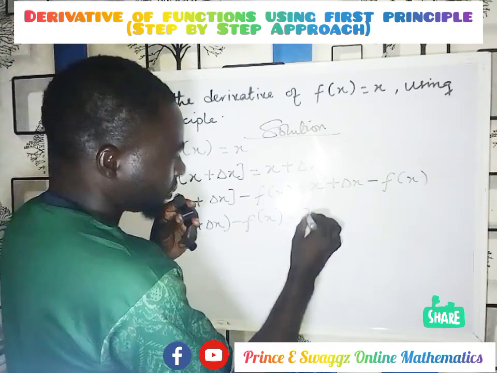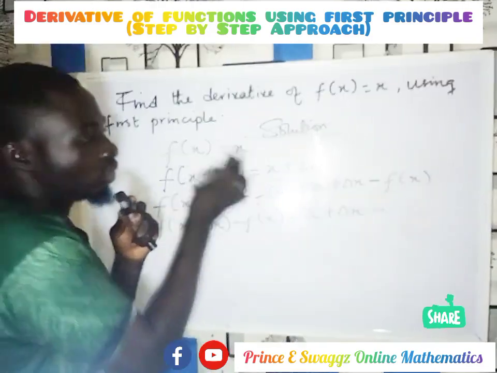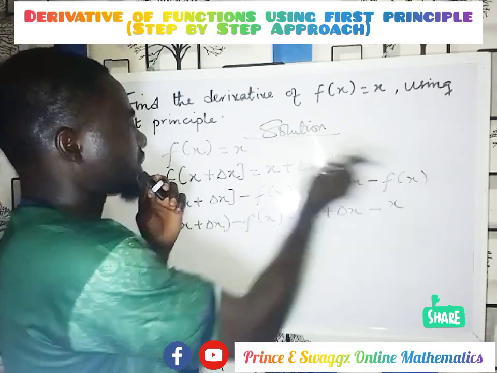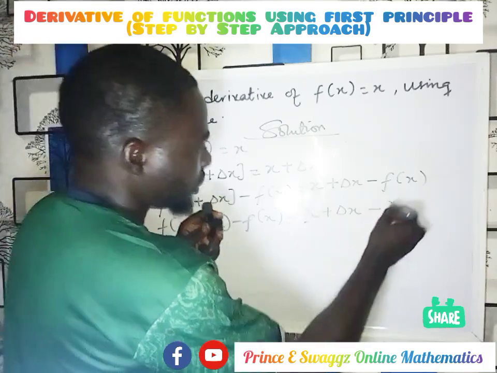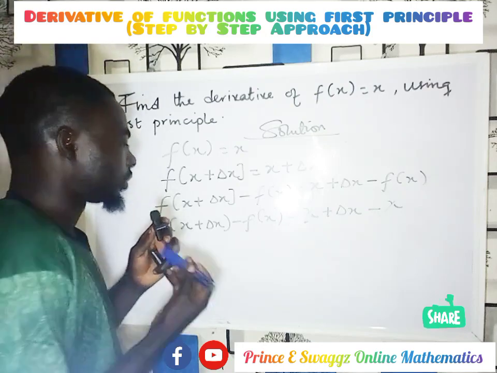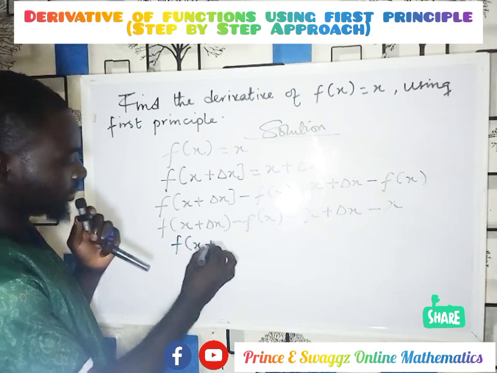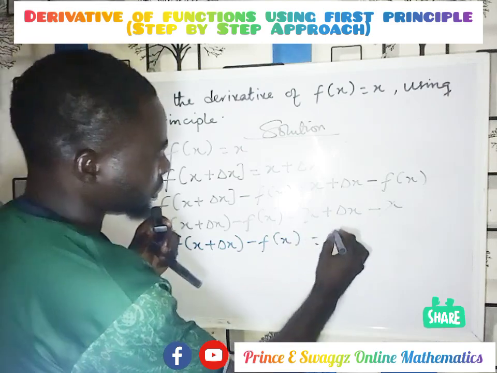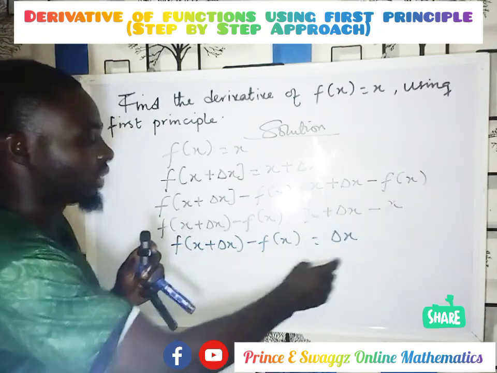So you have x plus delta x minus f of x, and our f of x for the question is equal to x. So I have replaced that, then this cancels this. Next, write the remainder: f of x plus delta x minus f of x equals delta x.